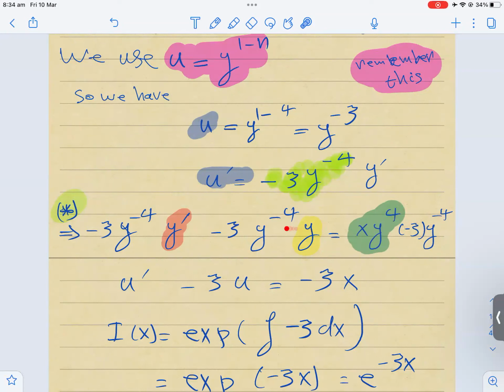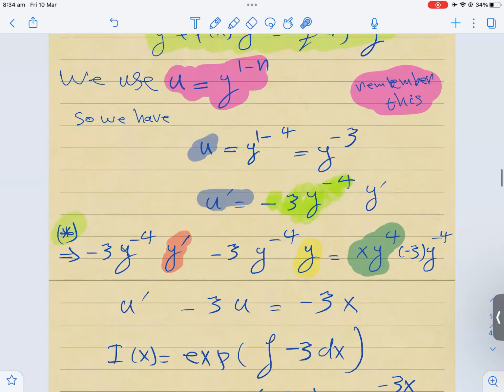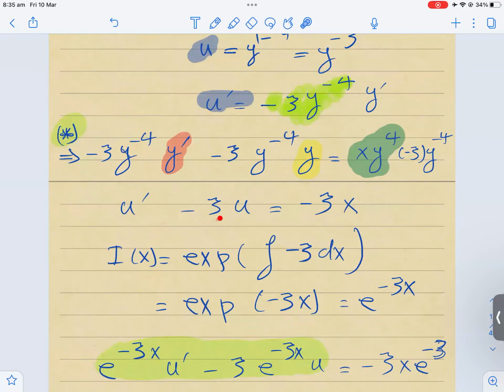And y to the minus 4 will give me y to the minus 3, and it is u. So u prime minus 3u equals minus 3x. And the rest is easy because it's a first order linear ODE.